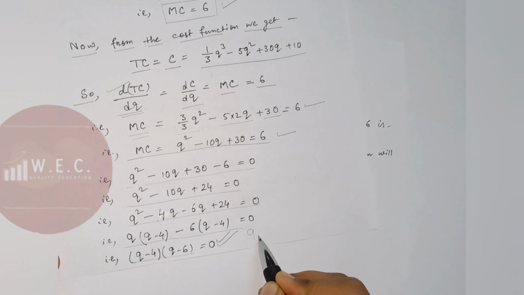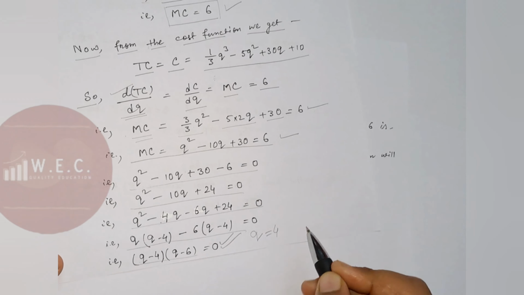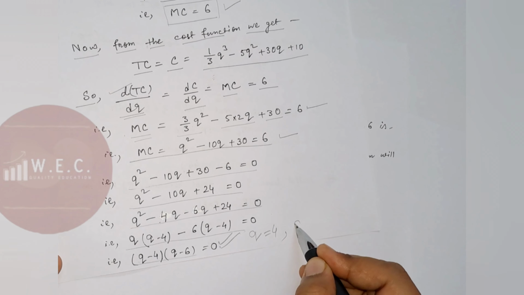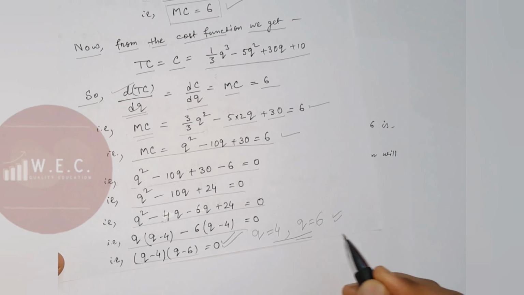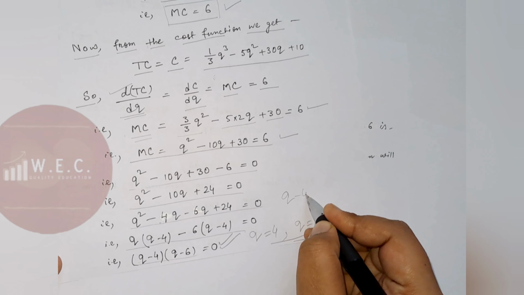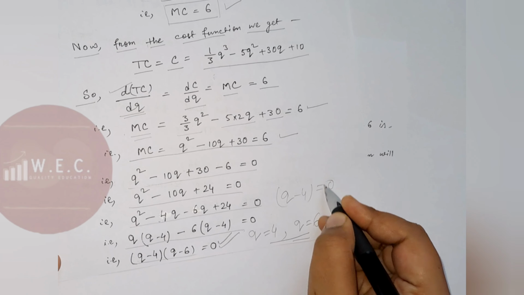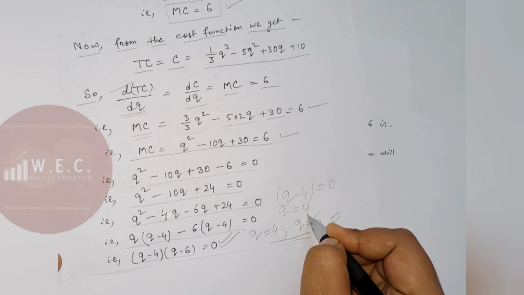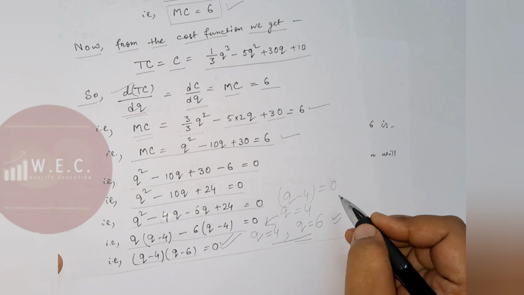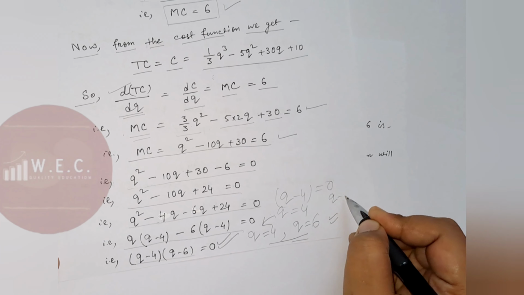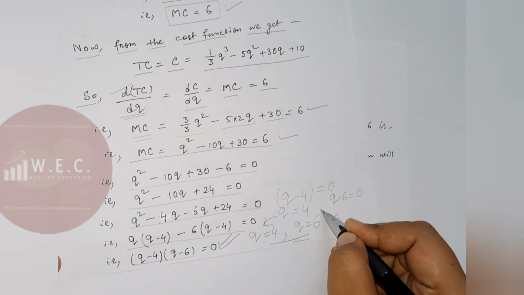There will be two values of Q: Q equals 4 and Q equals 6. Two values of Q will be derived from this equation. We are not sure for which level of output profit will be maximized, so we have to verify it.